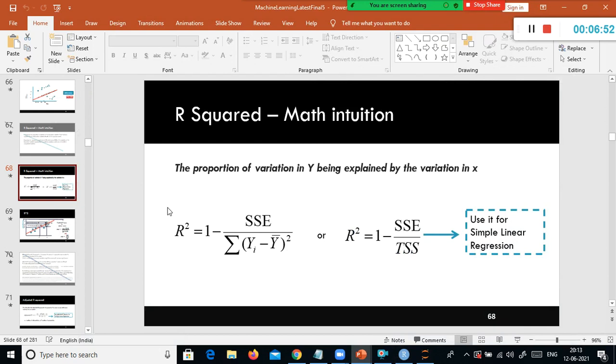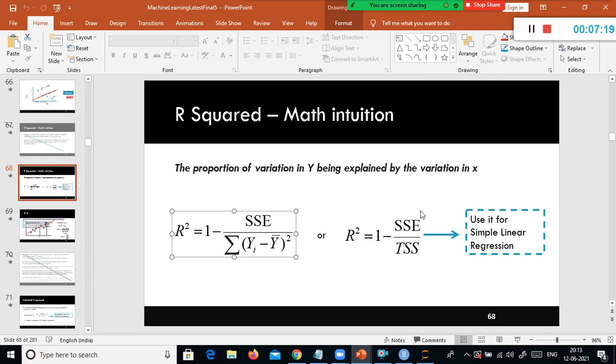Fine. So first of all, what is R squared? It is 1 minus the sum of squared error divided by the sum of actual minus the mean value of the actual value, squared. This is your R squared value. Instead of writing it this way, the denominator I call the total sum of squares. So 1 minus sum of squared error divided by total sum of squares.